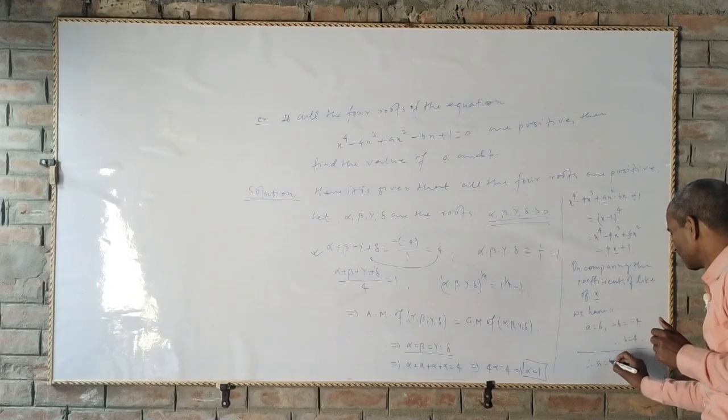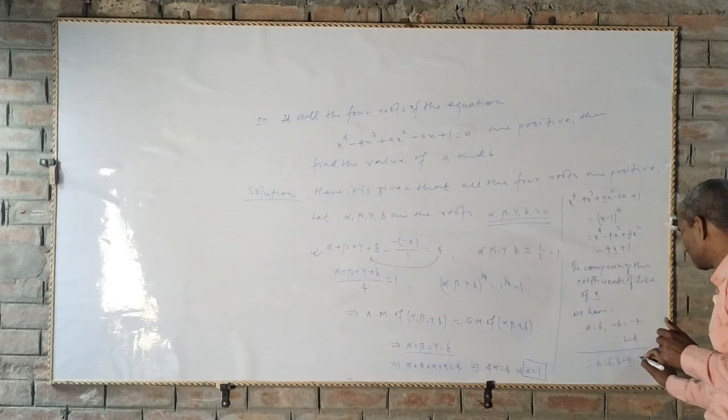So a is equal to 6 and b is equal to 4, and this is the answer.